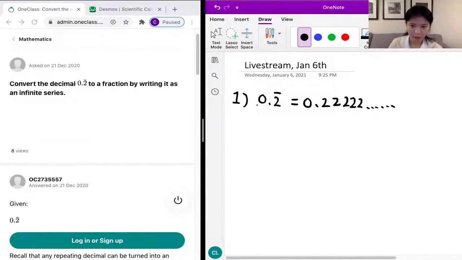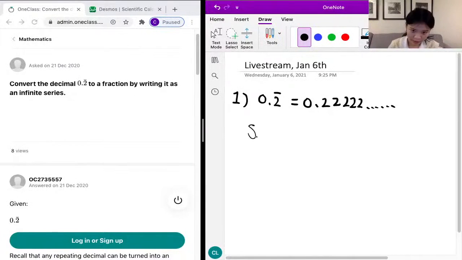Looking at this number, we write it as an infinite geometric series. So what is a geometric series? Let's directly write the sum of the geometric series.